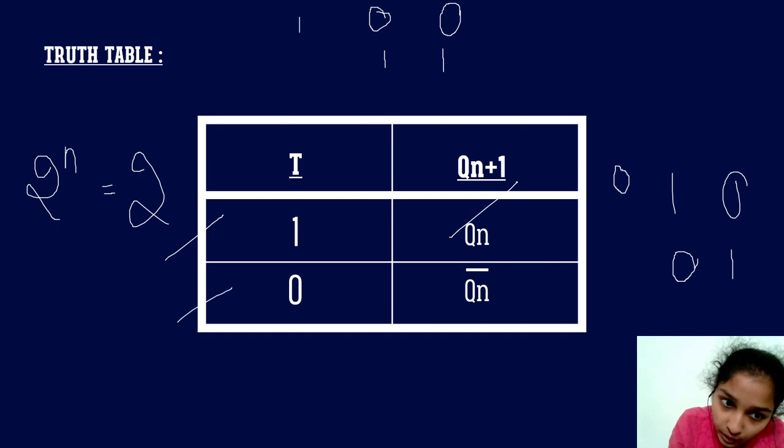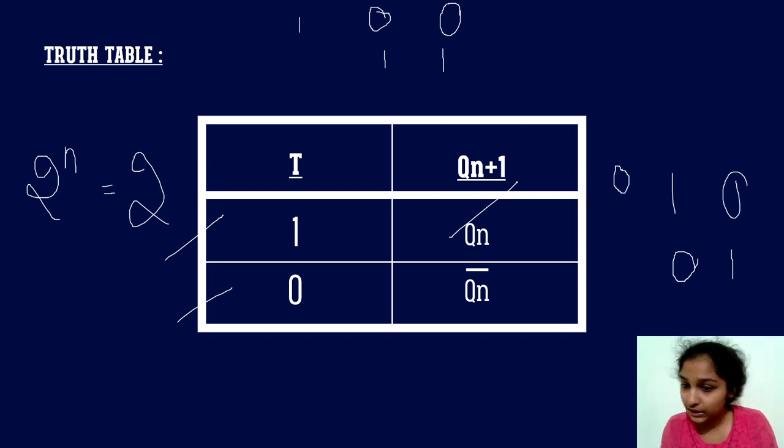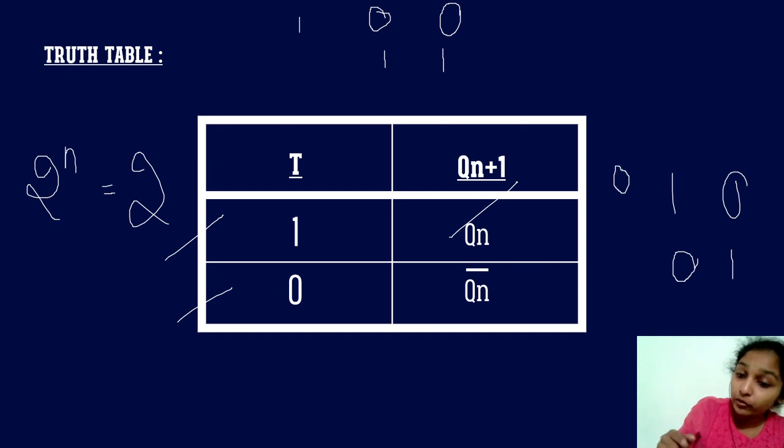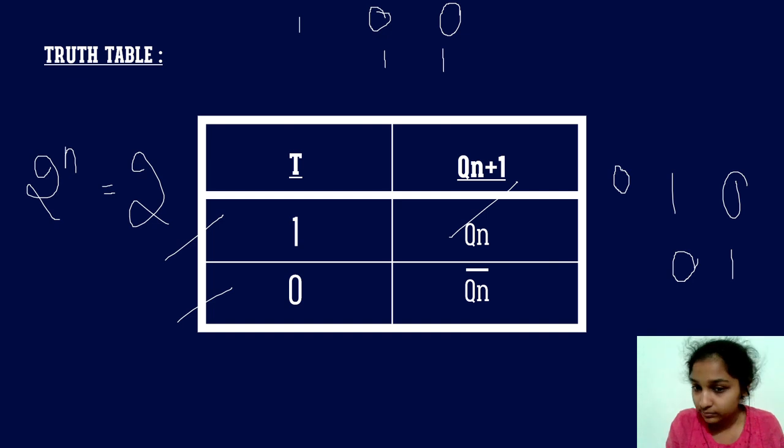And for 0 as an input in T, the current state will be complemented for the next state output. That is all. What are we getting? If you take 0 as input, we'll get next state output as the complement of the current state output, that is Q bar. Okay, simple, that's it.